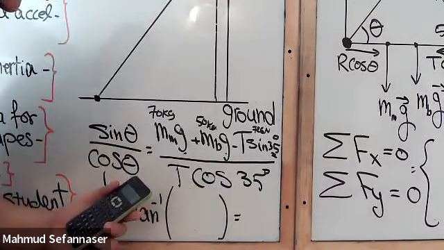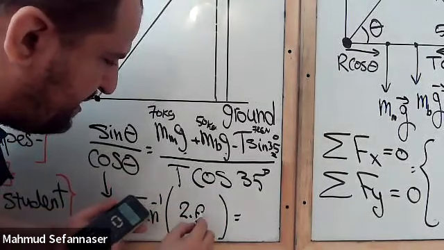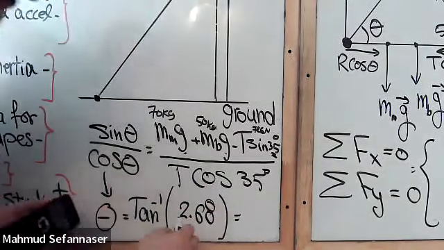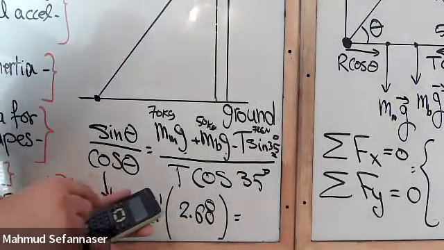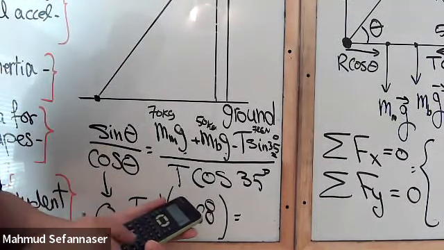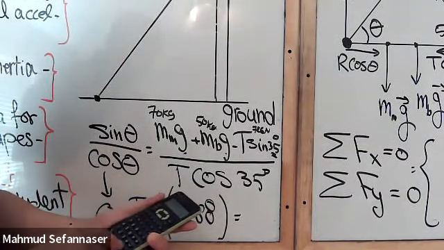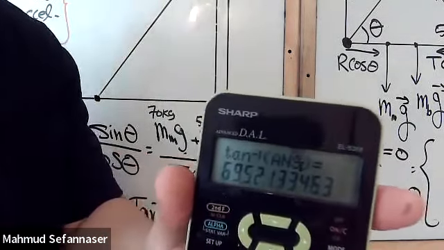So here, guys, we got 2.68. Now we need to have tan inverse of this number. And if I do that, so where is tan inverse? This is tan inverse. And we need to have this number and then see the angle. So this is the angle, guys, that we have.